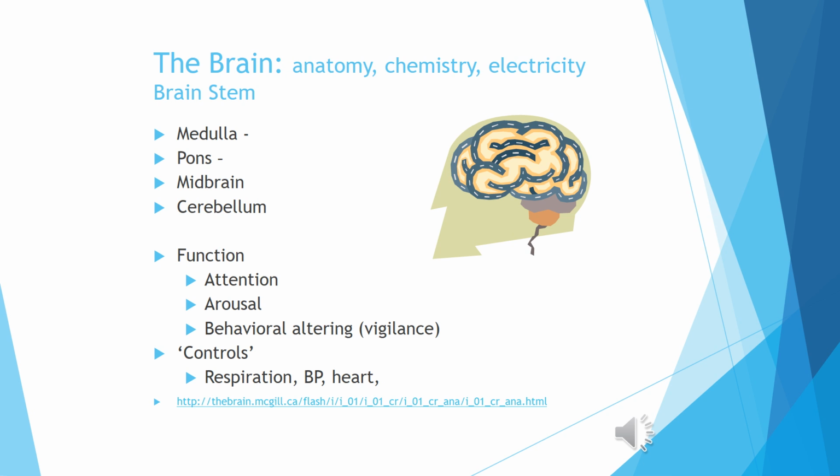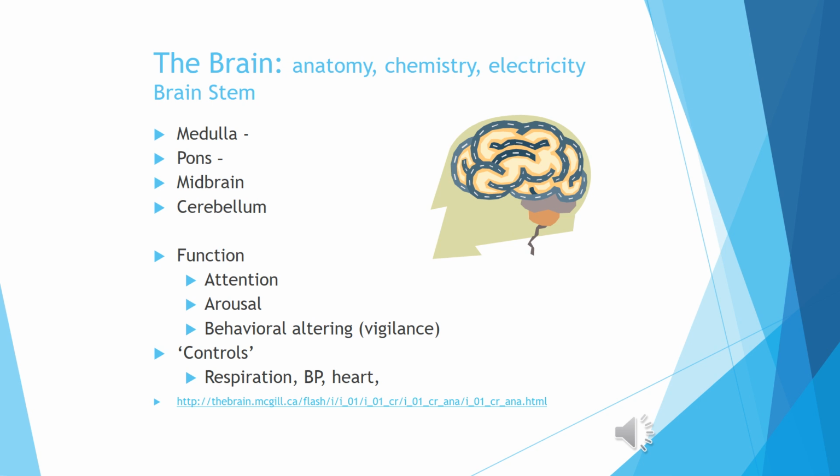Now, these portions of the brain, while important, they don't figure that much in our psychiatric mental health work, but it is like a first alert system. The medulla controlling the heartbeat and breathing, the pons relaying information between the cerebrum and the cerebellum, controlling arousal and regulating respiration, the midbrain, and then the cerebellum, which controls voluntary movement and balance.